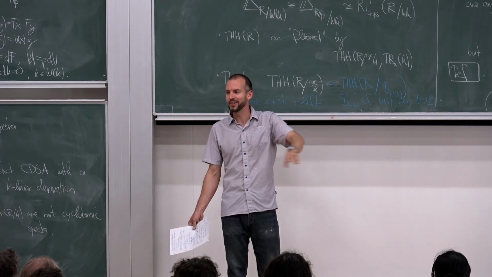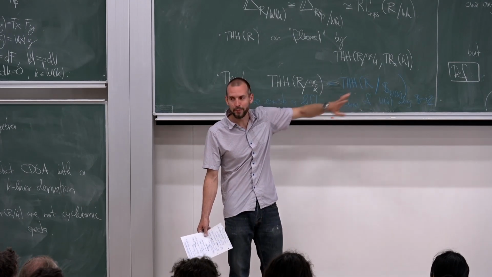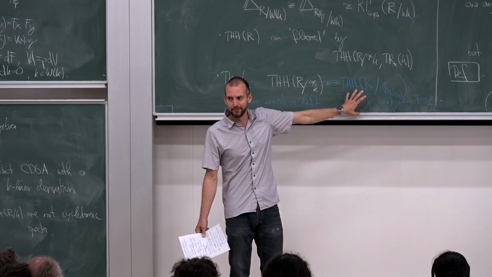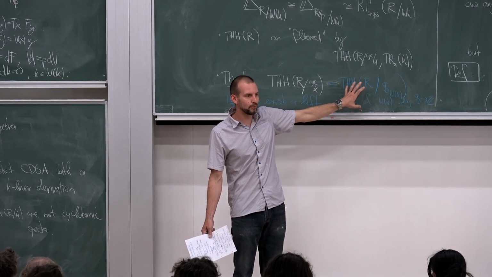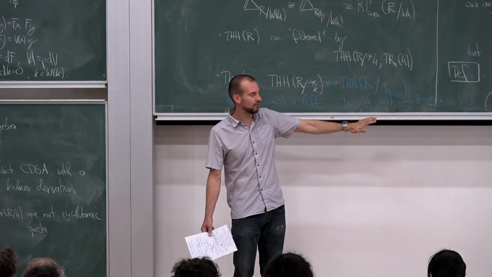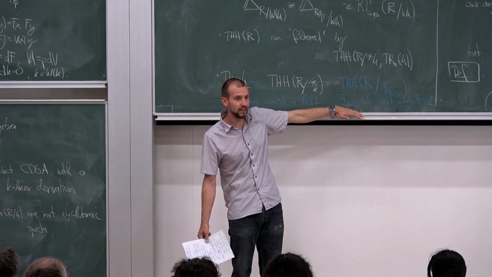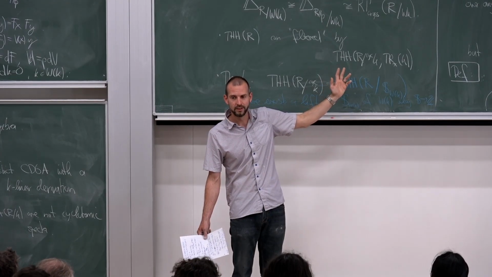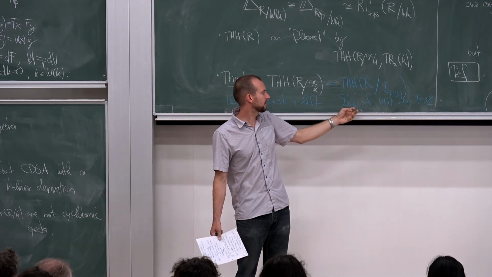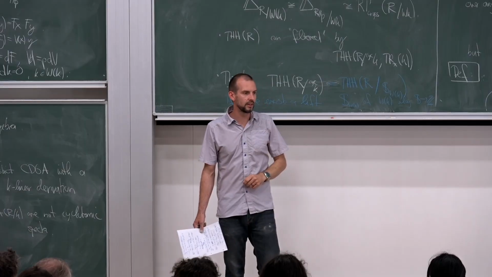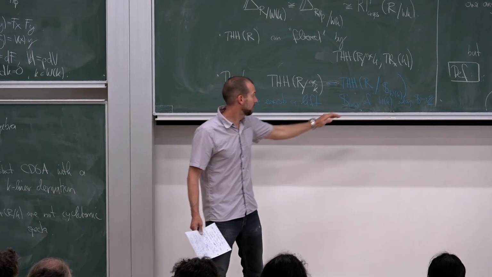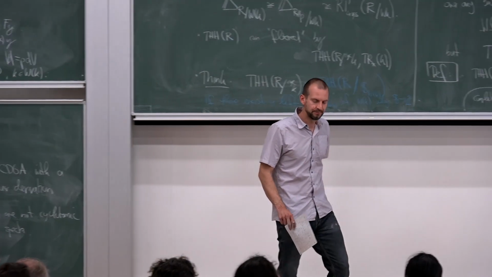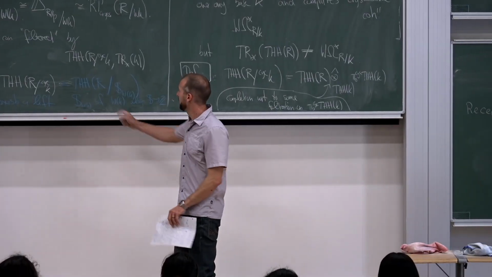I think Robert Safarczyk, a master student of mine, had thought about this a lot. We could never find an actual obstruction for doing that. If I give you any delta ring, say the Witt vectors of K, you ask whether it lifts to the sphere. And I would conjecture that this can only be done if K is a perfect FP algebra, in which case you can use the classical spherical Witt vectors.